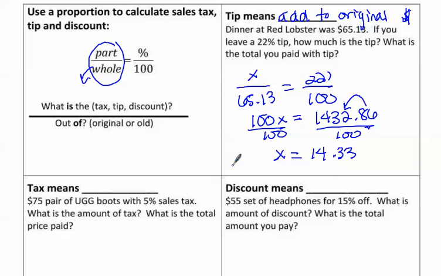So your tip is the $14.33. Your total that you paid is going to be the $65.13 plus the $14.33 to get a total of $79.46.